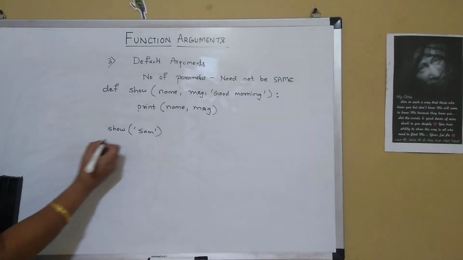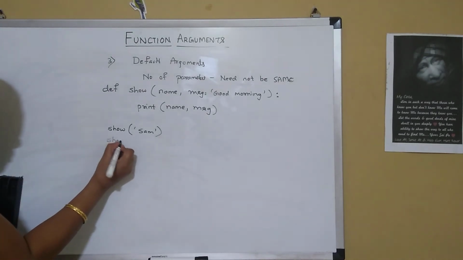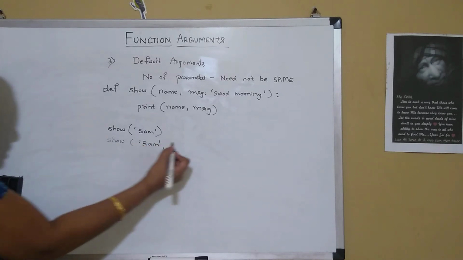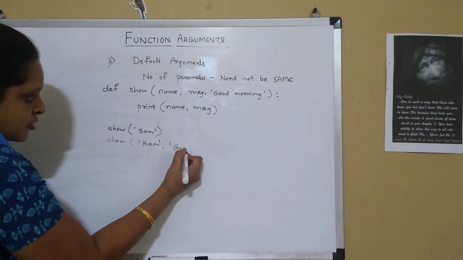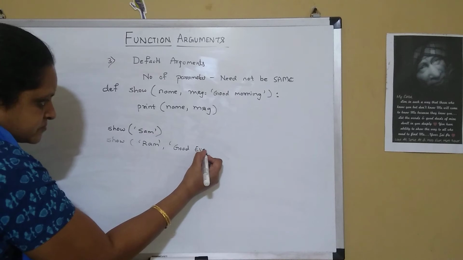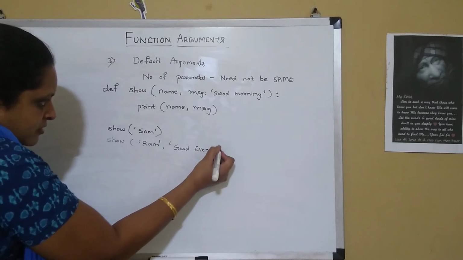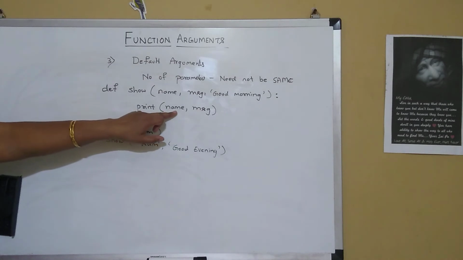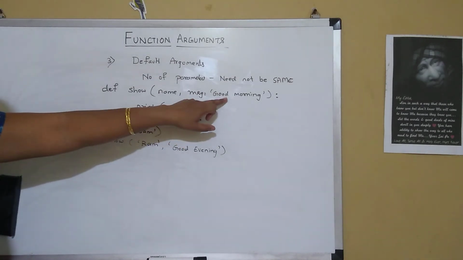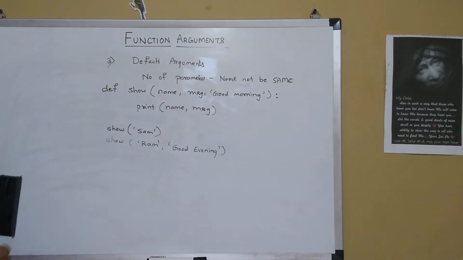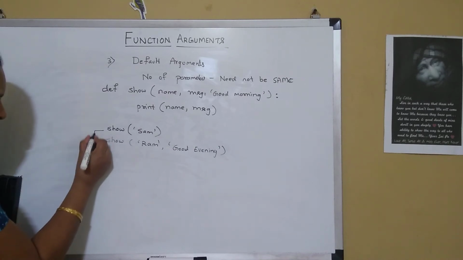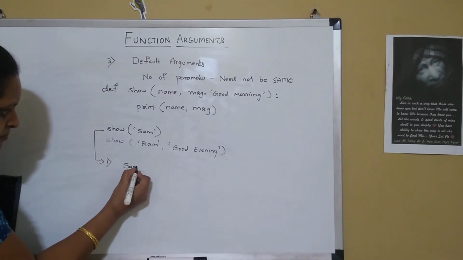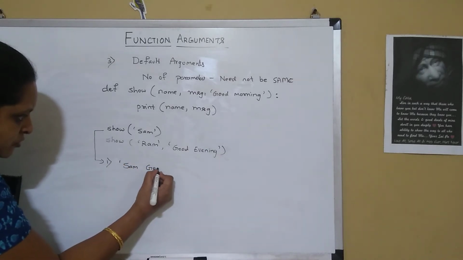And now if I take one more call statement, and say Ram, and I pass another parameter called good evening. So for the first one, it will print Sam for the name and message will have the default value good morning. So for the first output, it will print Sam good morning.